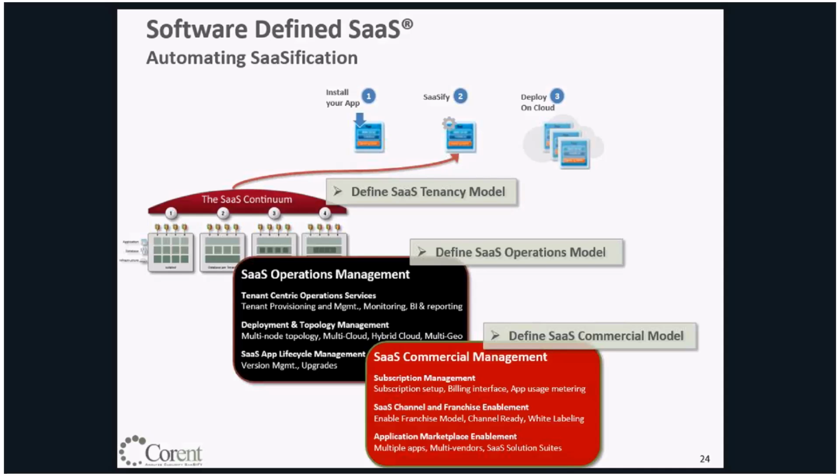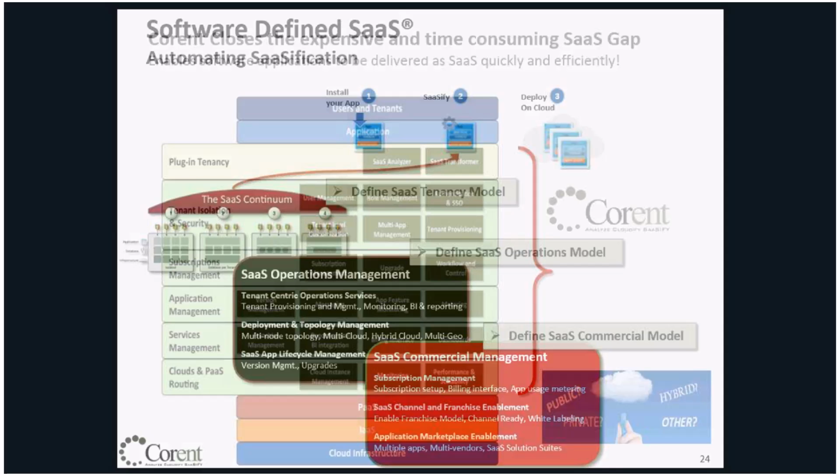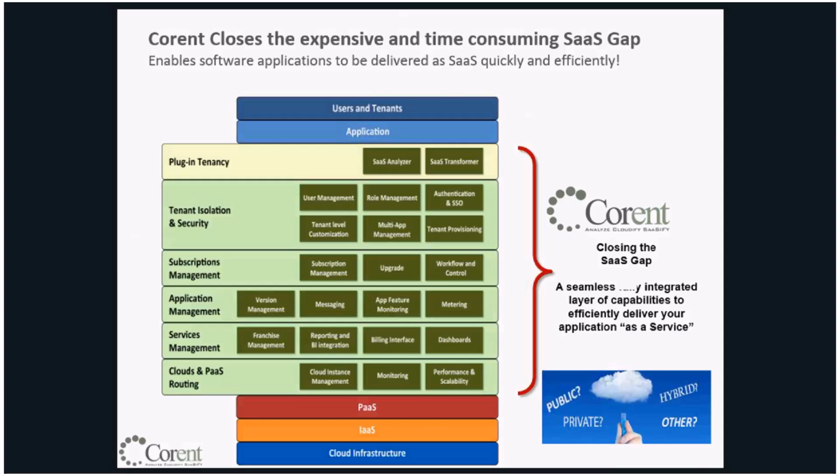So what this essentially brings to the table from a very high level perspective is this: when you have an application and you're deploying it on the cloud infrastructure, which has IaaS and PaaS capabilities, there is a gap involved in making it run as an effective SaaS.